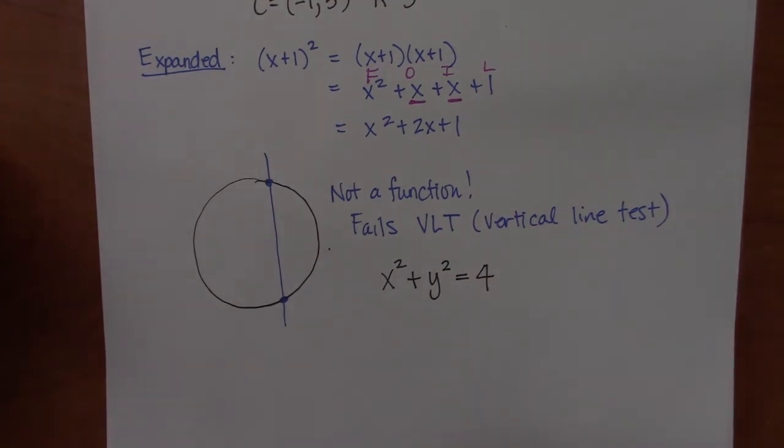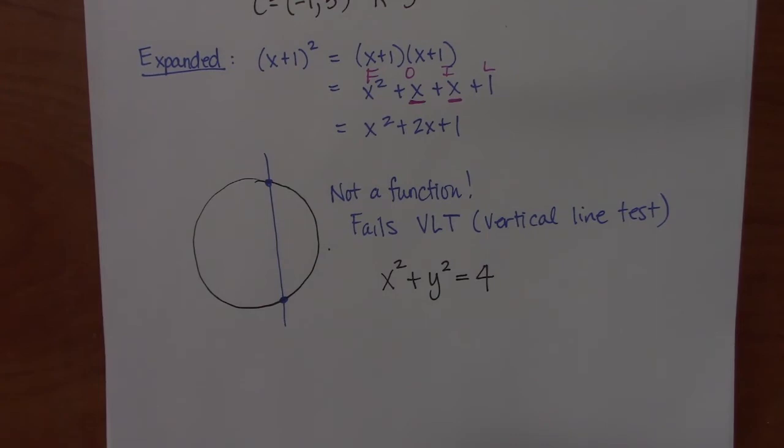So what's the center of that circle? Two's the radius. What's the center? 0, 0. 0, 0, right? So whenever you just see x squared plus y squared, the center is the origin, okay?